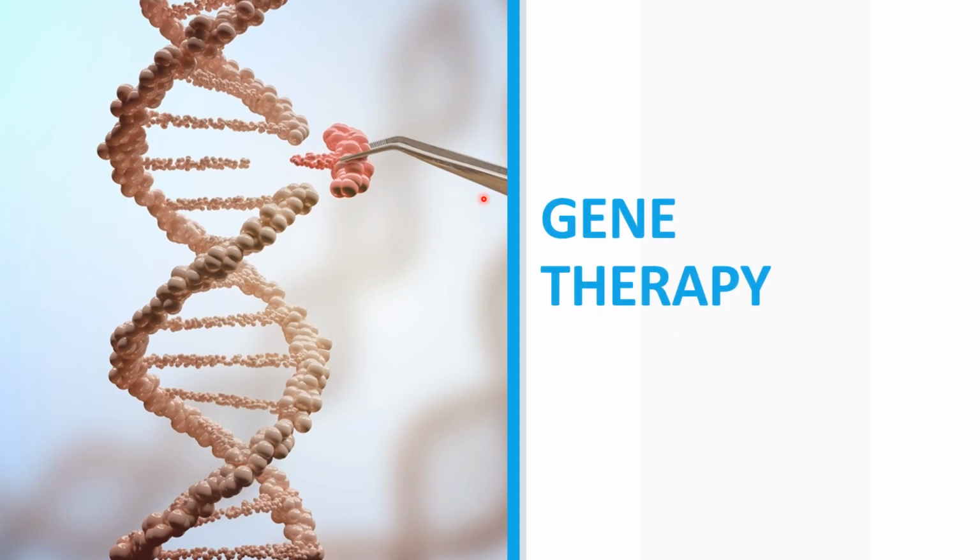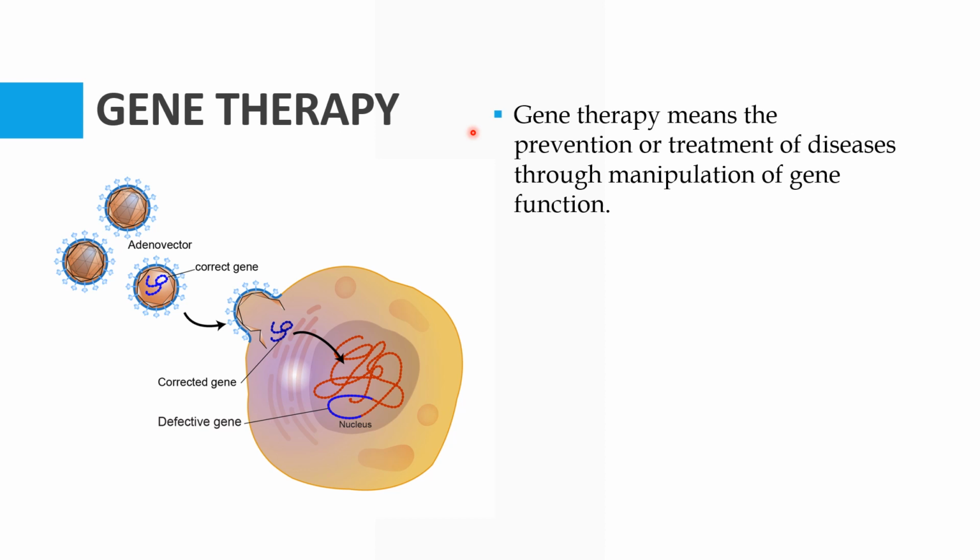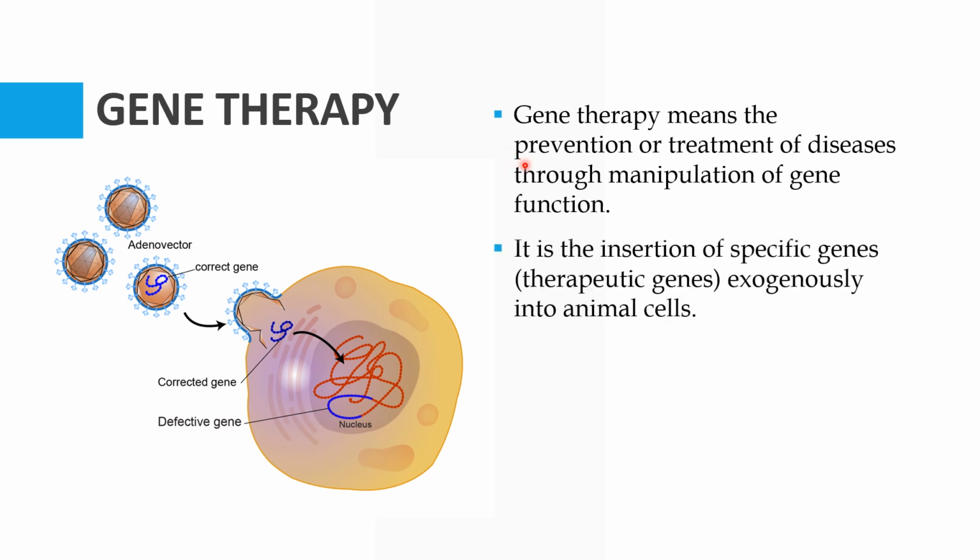We also have gene therapy. So gene therapy is also another drug source. Gene therapy means the prevention or treatment of diseases through manipulation of a gene function. It is the insertion of specific genes, therapeutic genes, exogenously into animal cells.